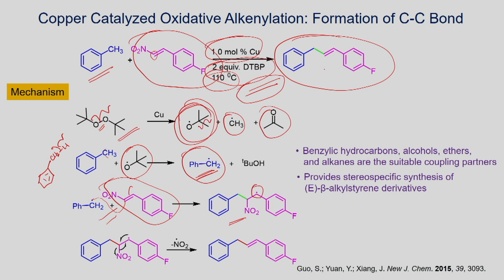Once you form this radical, it can be stabilized by the aromatic system due to delocalization. Here you also have the electron withdrawing group. In this way this radical can be formed. Now the carbon-nitrogen bond under these conditions undergoes homolytic cleavage to form an alkene, where you generate an NO2 radical.